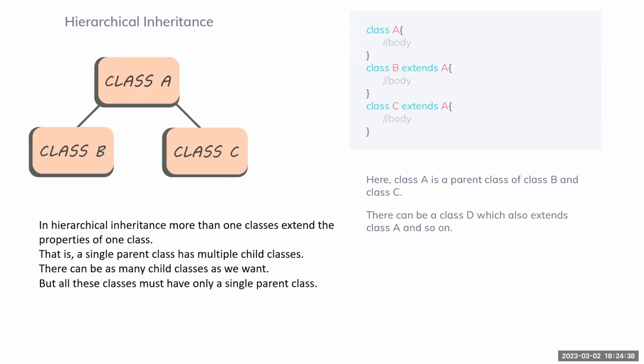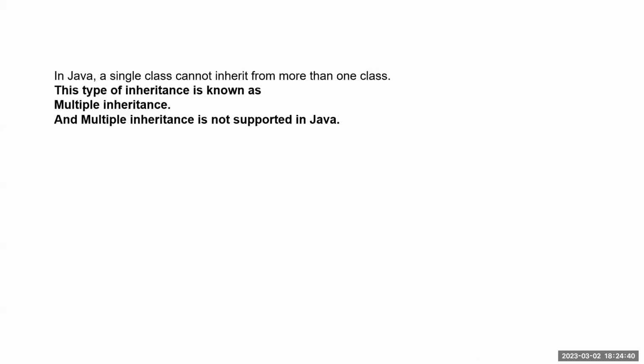There is one more in Java, called multiple inheritance. Multiple inheritance is not supported in Java with classes, because till now you don't know about interfaces. Once we cover the concept of interfaces, we'll discuss multiple inheritance, which can be achieved only by using interfaces.